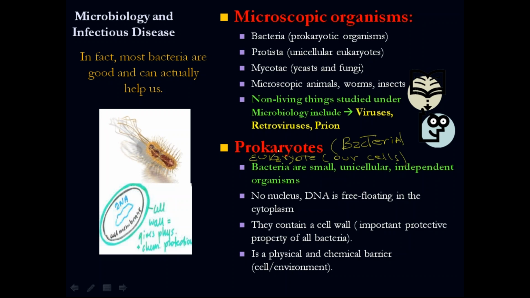The bacteria are prokaryotes, and you remember the prokaryotes do not have a nucleus. The eukaryote has a nucleus with the DNA. So this is the DNA of the prokaryote, just like in a soup, it's everywhere. Meanwhile, the eukaryote has the DNA in an organized manner inside the nucleus.